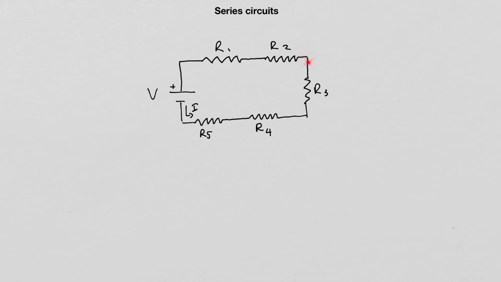The free end of R2 is connected to one of the ends of resistor R3. The free end of R3 is connected to a fourth resistor, R4. And then the free end of R4 is connected to a resistor R5, which in its turn is connected to the negative terminal of the power source.